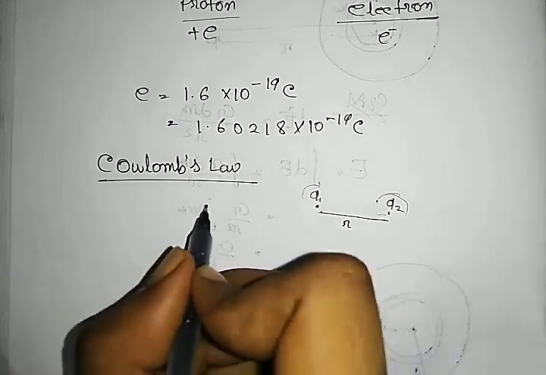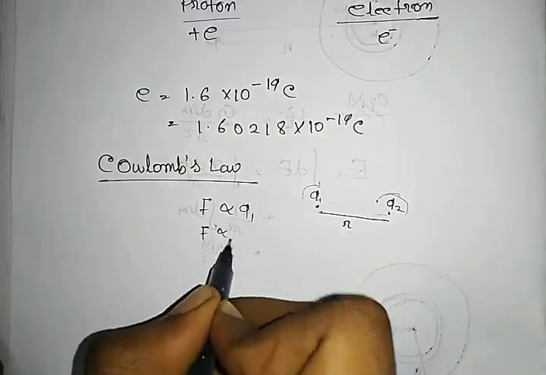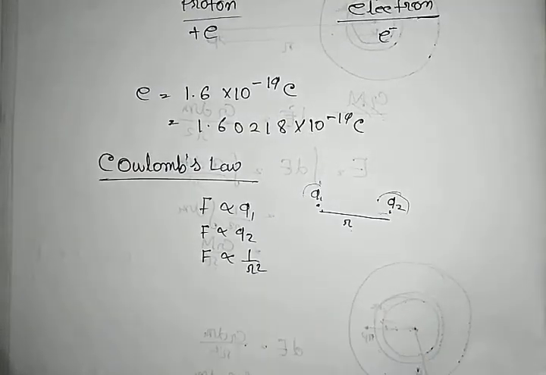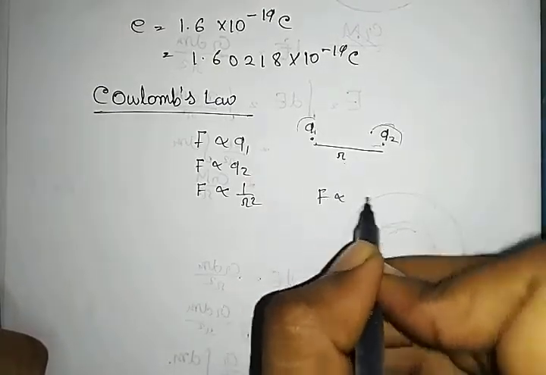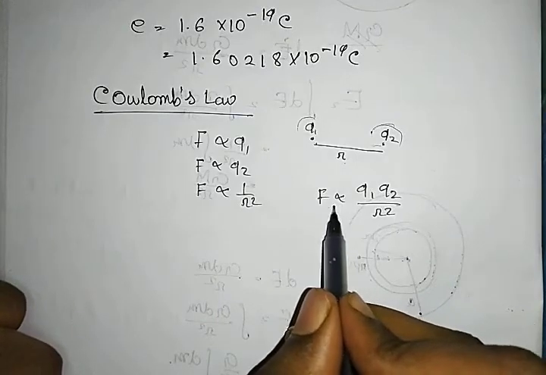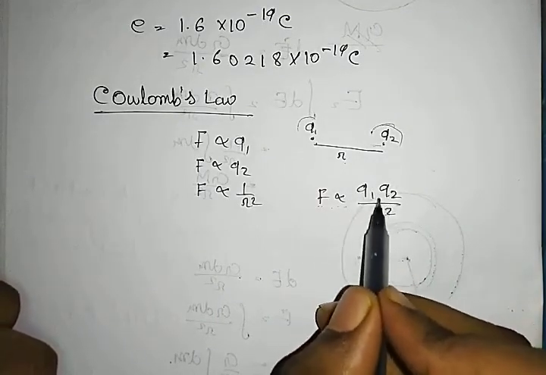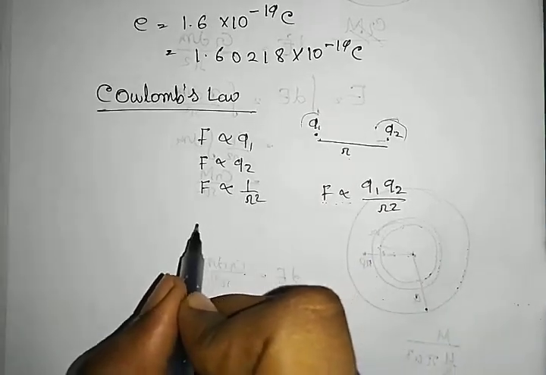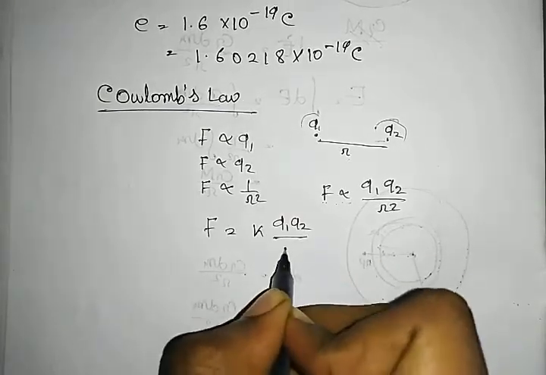So this will look like this: F varies as q1, F varies as q2, F varies as 1 by r square. If we combine them, they look like this: F varies as q1 q2 by r square. Now you see, F is proportional to this mathematical expression, so we can just use a constant here, use the equal sign and write this as F equals k q1 q2 by r square.